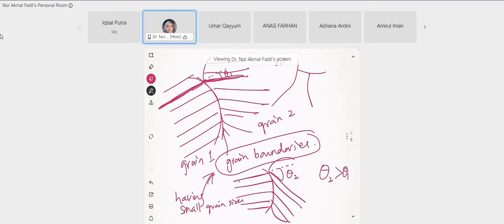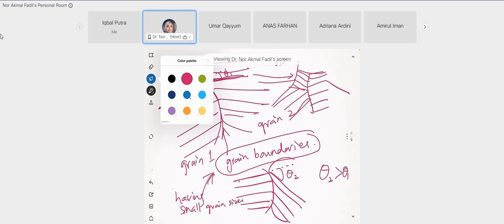For example, like this, with small grains. Let's say there are a lot here. So the slip moving here requires more energy to change direction, change another direction, change another direction, depending on the crystal orientation.